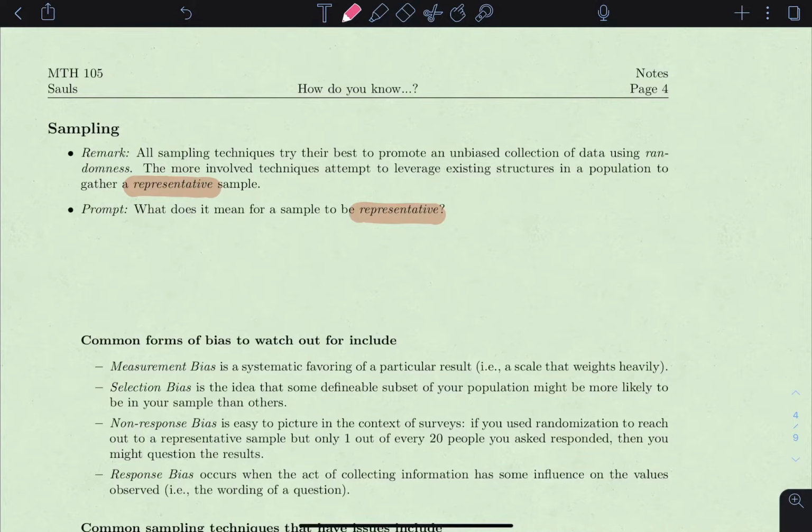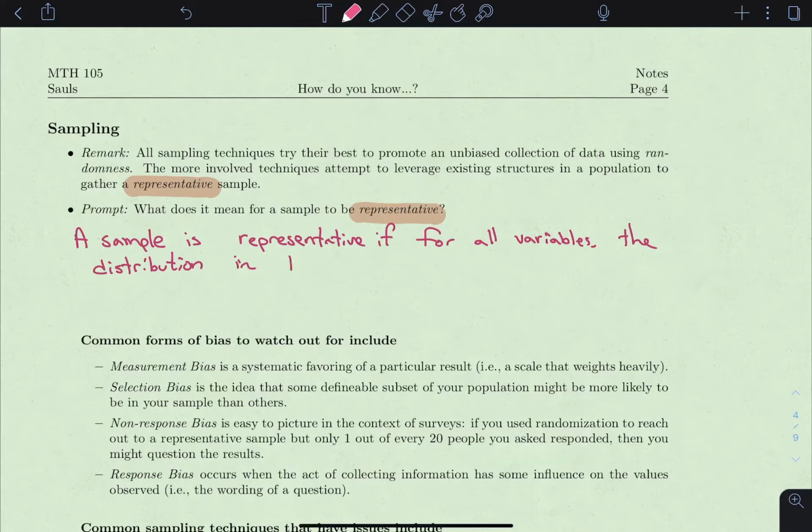But what I'm going to say is that a sample is representative if for all variables the distribution in the sample is proportional to the distribution in the population.